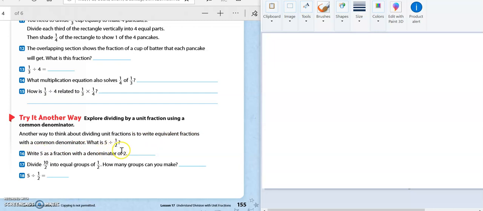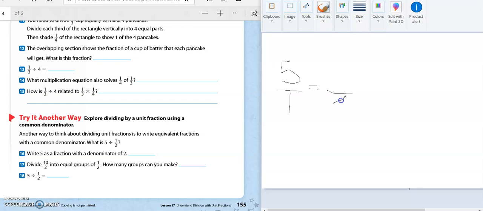What is 5 divided by 1/2? Number 16 says write 5 as a fraction with the denominator of 2. So 5, that's our whole number. Any whole number is a number over 1. 5 also equals 5 over 1. So we want to create 5 over 1 with a denominator of 2.